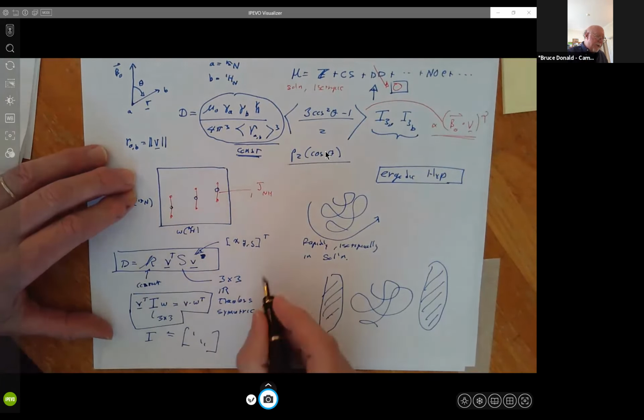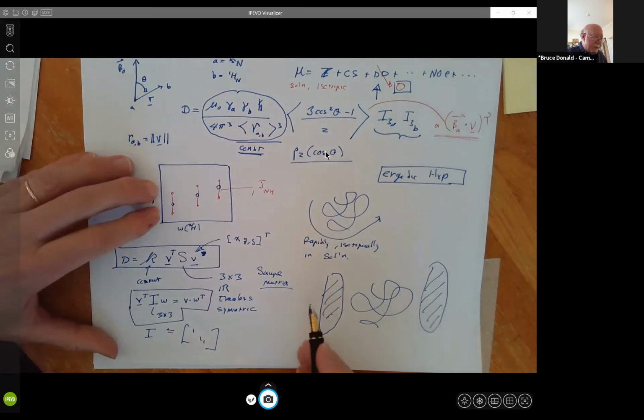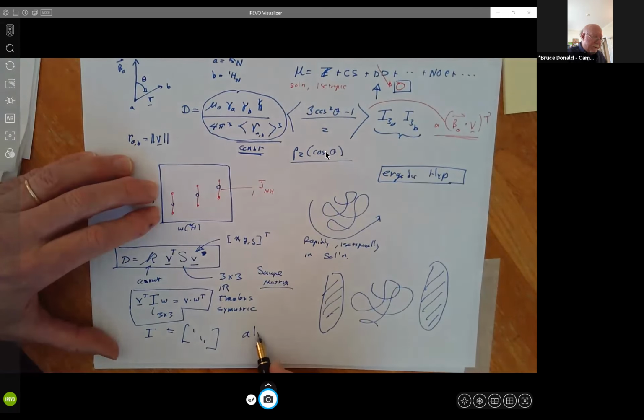And this matrix here is called the alignment tensor, or the SOAP matrix. This is going to encode our orientation.